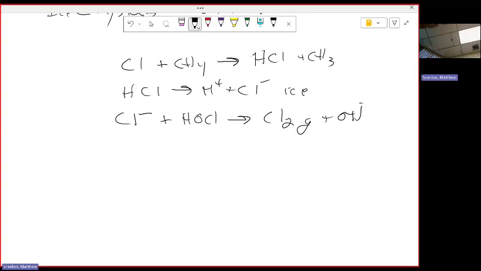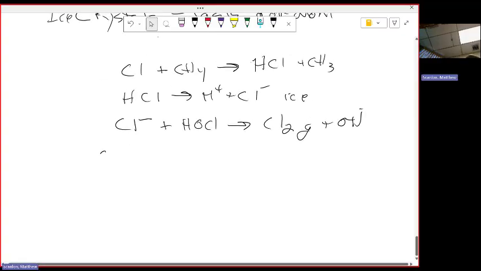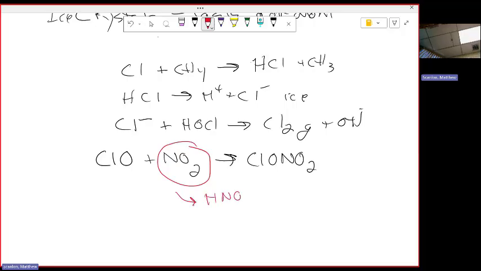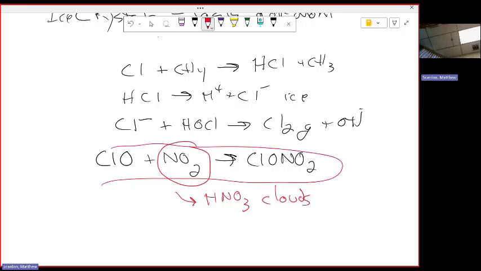We also have this reaction not occurring. So we have light and we have this reaction that normally occurs, but it's not occurring now. And the reason it's not occurring is all our NO2 has been converted to HNO3 in the clouds. And as long as it's in the clouds, it's not in this reaction here.